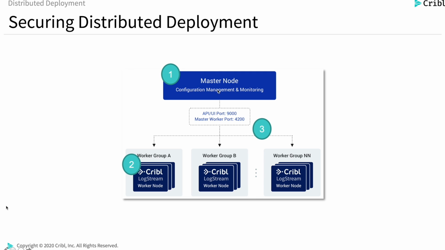At that point, we enabled the worker nodes to be accessed through the master node and only through the master node UI. And finally, we secured the communication between the worker nodes and the master node, as well as showed the option to have MTLS, mutual authentication, between the worker nodes and the master node.